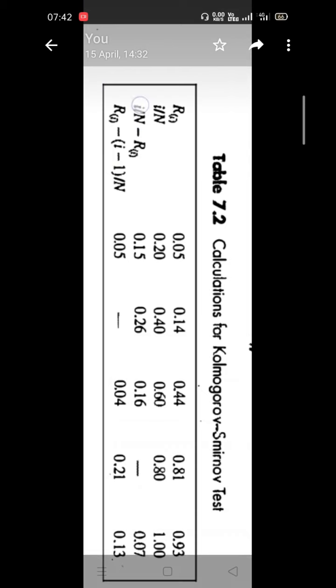So i by n minus Ri is equal to D plus, and D minus is nothing but Ri minus (i minus 1) divided by n. This is D plus, check the pointer, and this one is D minus. Just observe row number 3, that is for D plus. Which one is the maximum value?